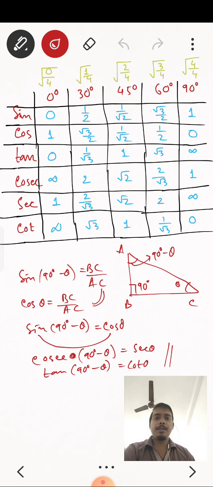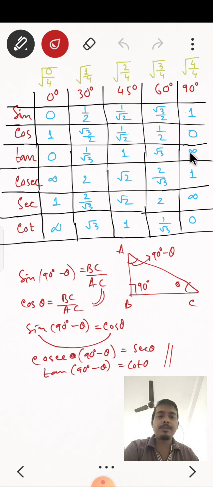Now this is the list of values of different angles of sin, cos, tan, cosec, sec, cot. The last three rows are basically reciprocals of the first three, so the last three are not to be remembered. In the first three rows, we also see that if we remember sine values, we get cos values, like sine 90 is basically cos 0, sine 60 is basically cos 30, and so on.